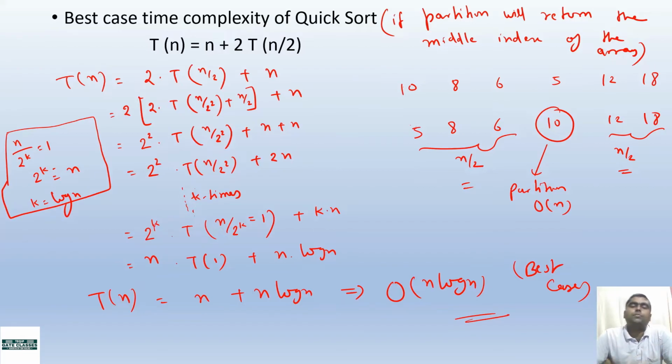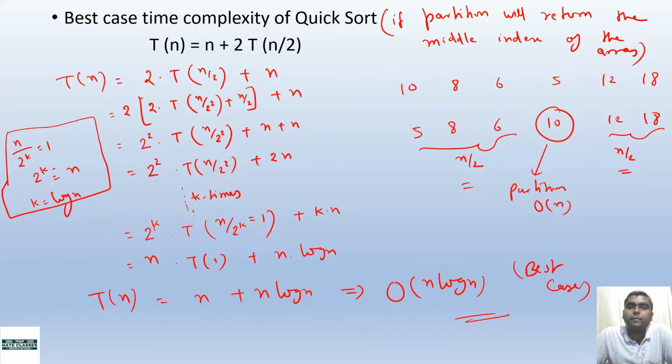In practical situations you may not get an already sorted list, so this algorithm is suitable in practical situations. It is a divide and conquer strategy, very beautifully designed, best suited for practical situations, and the average or best case time complexity is order of n log n.